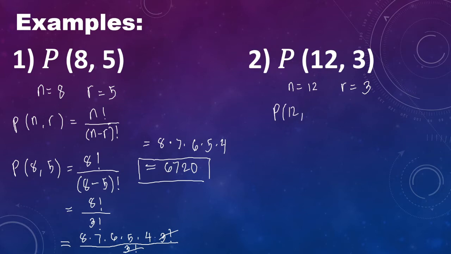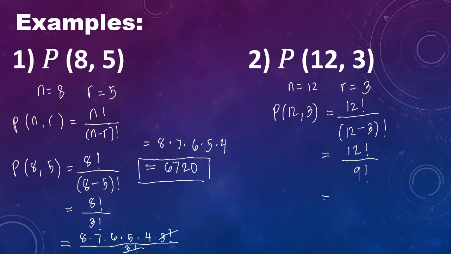Tapos, yung r, papalitan naman natin ng 3. Equals 12 factorial over quantity of 12 minus 3 factorial. Then, simplify further, that will become 12 factorial over 12 minus 3 is 9 factorial.